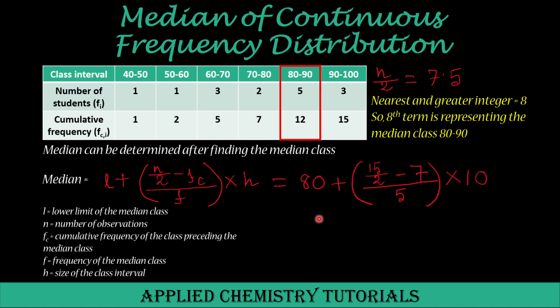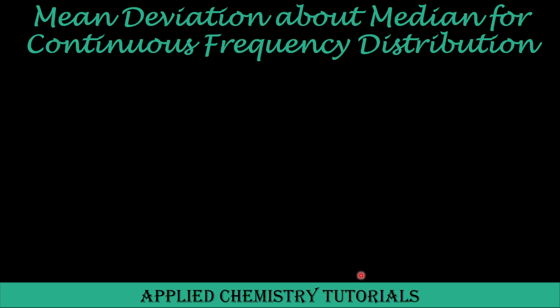After putting all the values in, we get the median equal to 81. So the median, or capital M, equals 81 here.